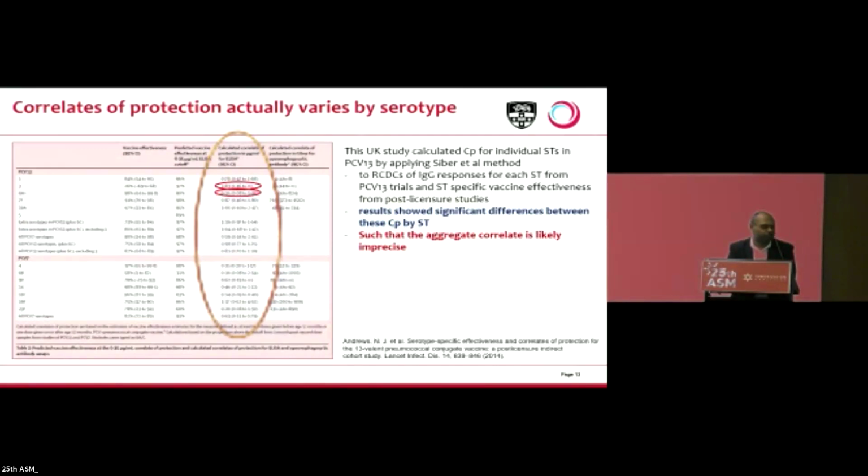And that showed that there was significant difference between those correlates, and they also differed from that 0.35. So for instance, if you look at those red circles, for serotype 3, it's about 8 times higher than the 0.35 level, and for a serotype like 6A, it's about half of that 0.35 level. Which means that the aggregate correlate of protection is likely imprecise.